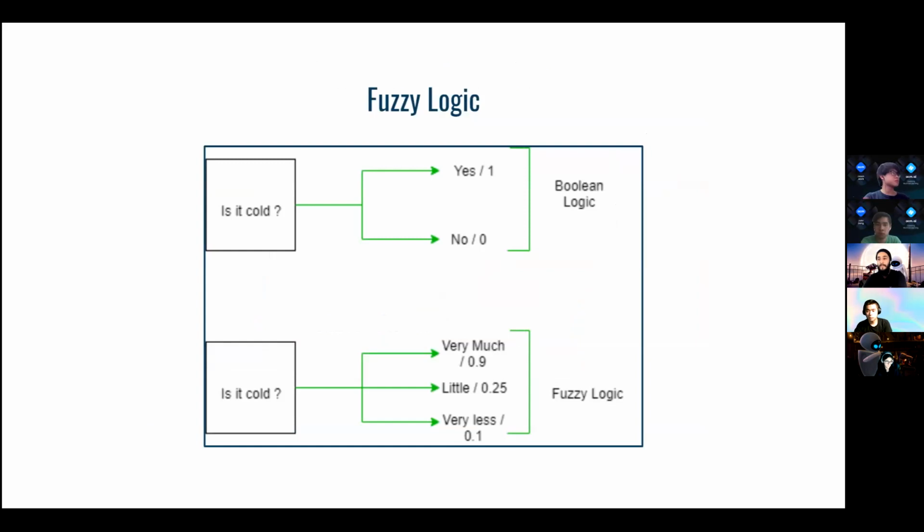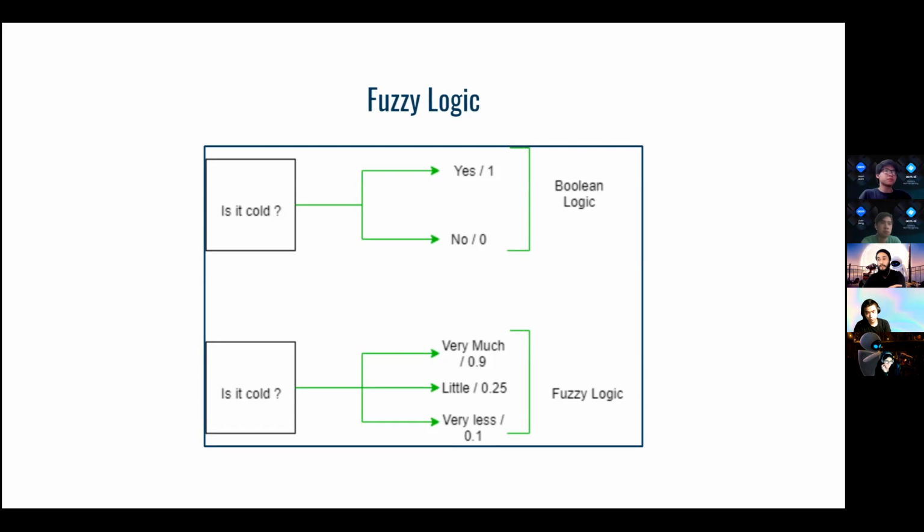Next, we have fuzzy logic. Fuzzy logic isn't a machine learning algorithm or concept, but it's still an important concept to understand. When you answer yes or no or true or false to a question, you're using Boolean logic. But if your answer lies somewhere on a spectrum, you're using what's called fuzzy logic. For example, if you just answer yes or no when someone asks you if it's cold outside, that's Boolean logic.